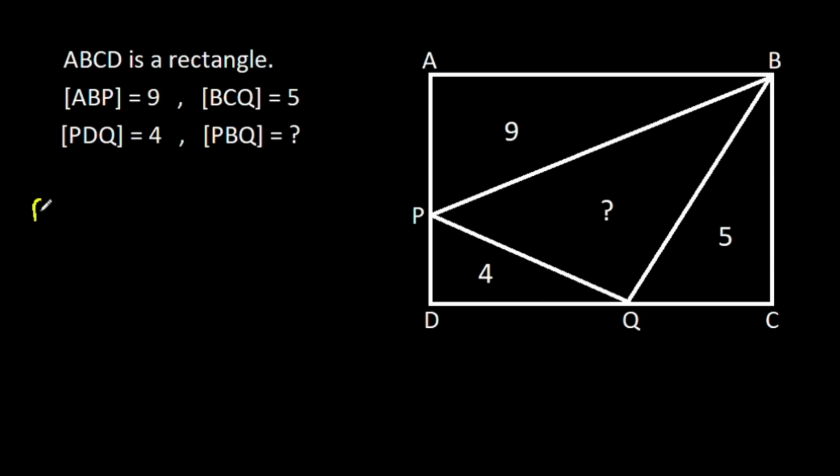So ABCD is a rectangle. That means these angles will be 90 degrees.